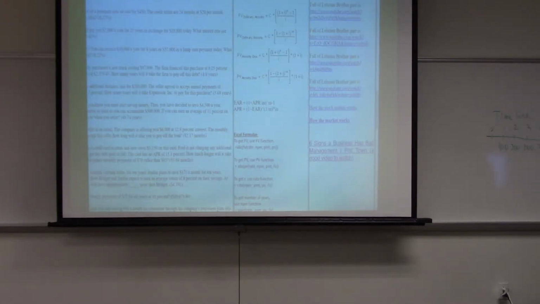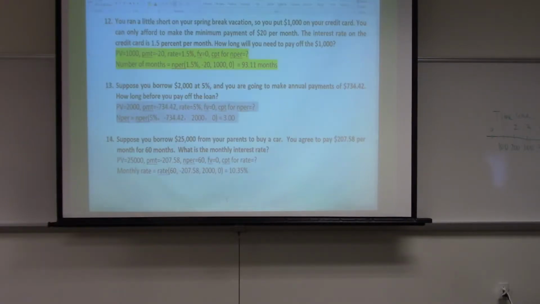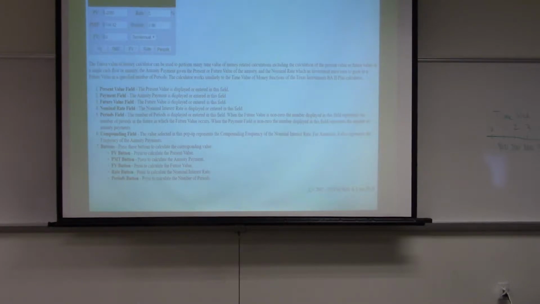Let's see. Negative 2,000. 3 years. I got 2.86.